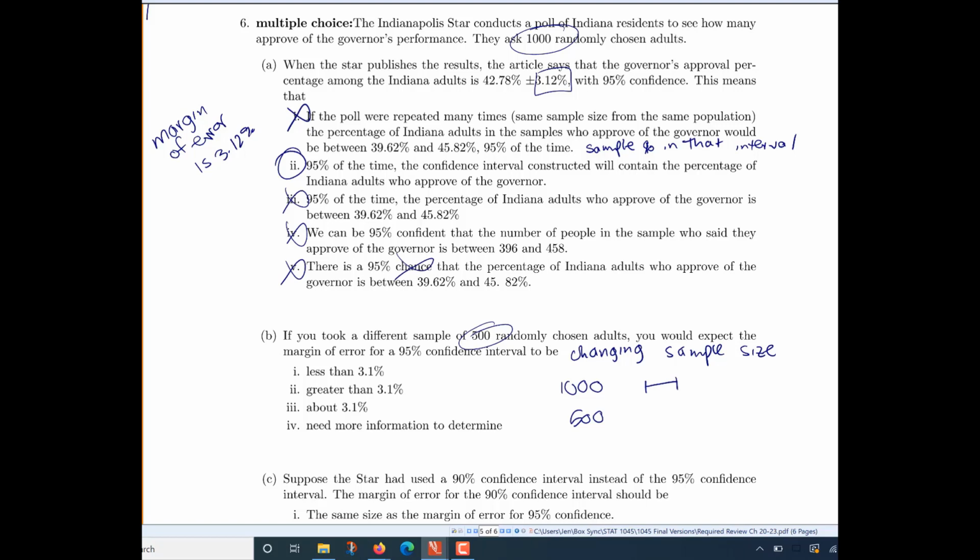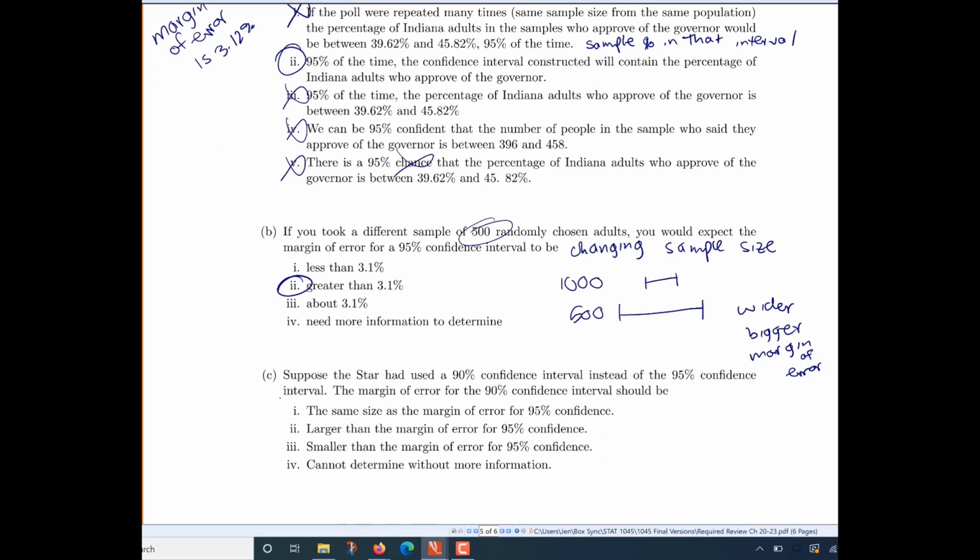So 1,000 is going to be short and 500 is going to be long. Okay. Let's see, so we were at 1,000, we're changing to 500, so we're going to be wider, and that would be a bigger margin of error. So in our case, if we were already at about 3.1%, we need to get bigger, so let's go with that second option.